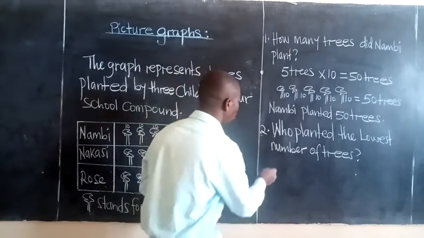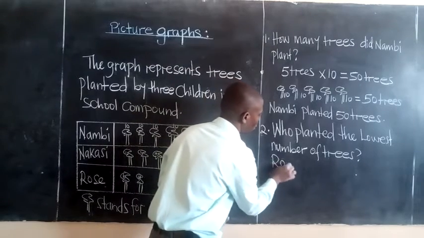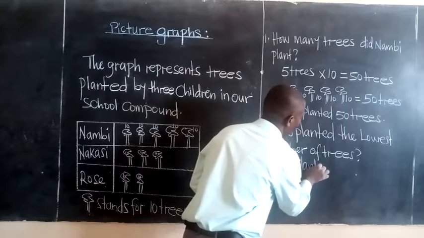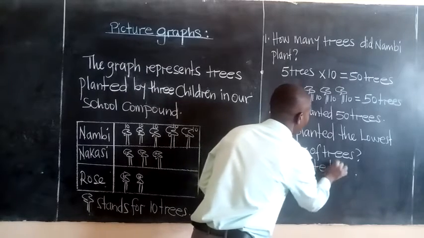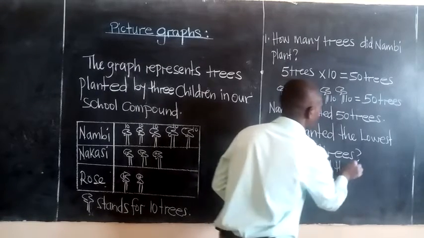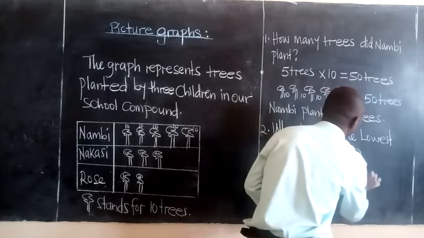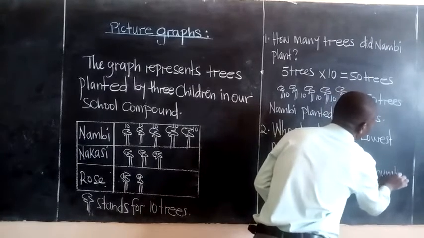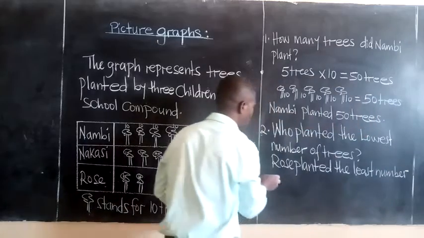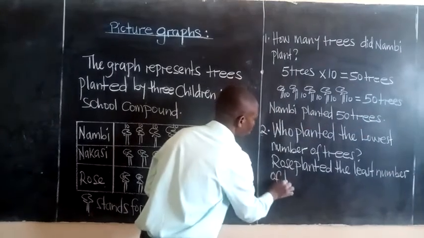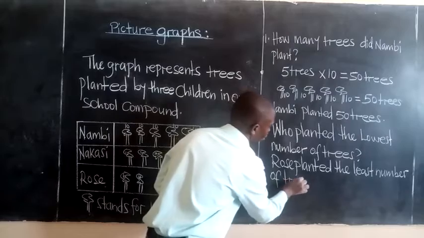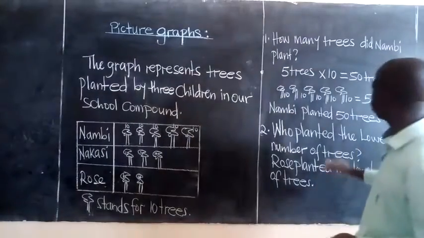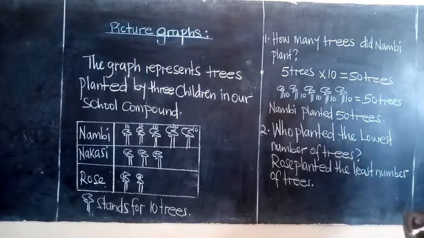So there you would say, Rose planted the least number of trees. Full stop. So that is how we can answer the questions.